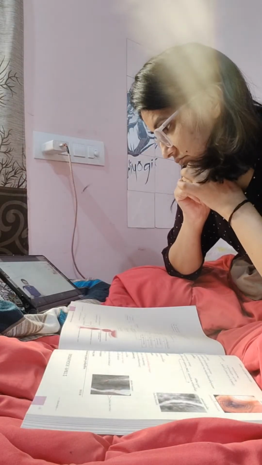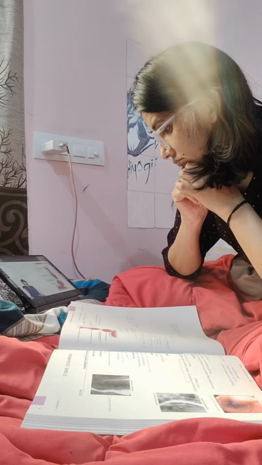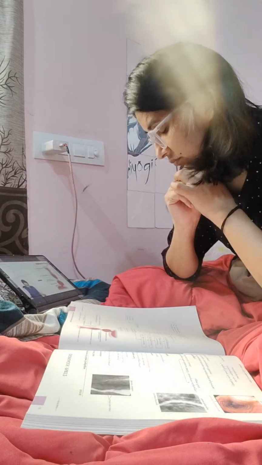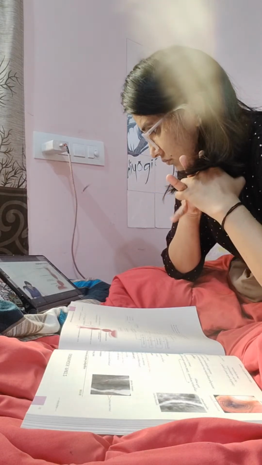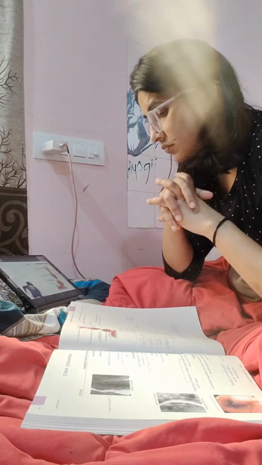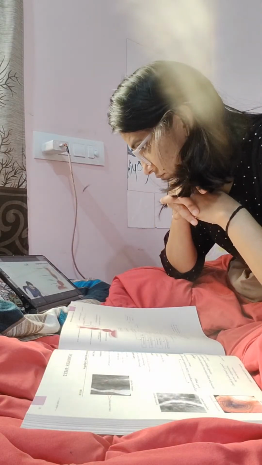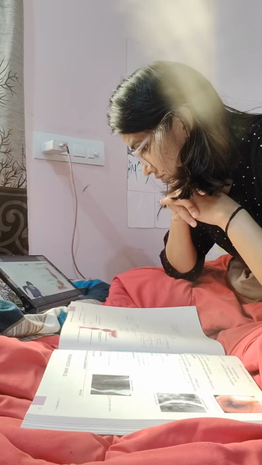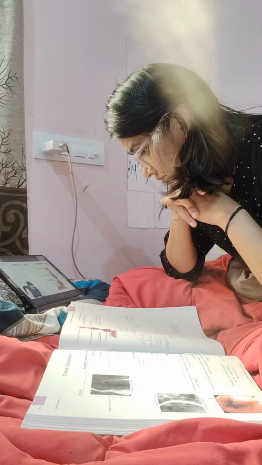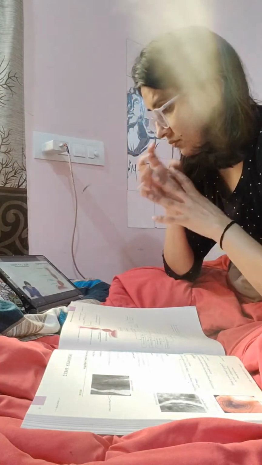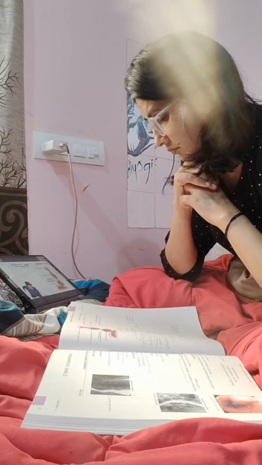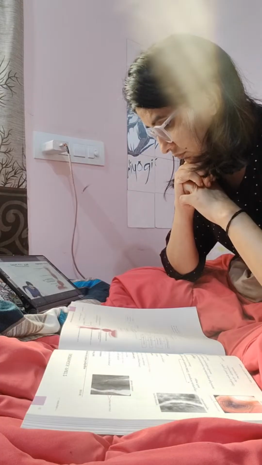Now, in Barrett's esophagus, there is another update which I want you to know. This is there in the latest edition of Bailey. This is known as the Prague C and M criteria. We first have to identify the GE junction during endoscopy.